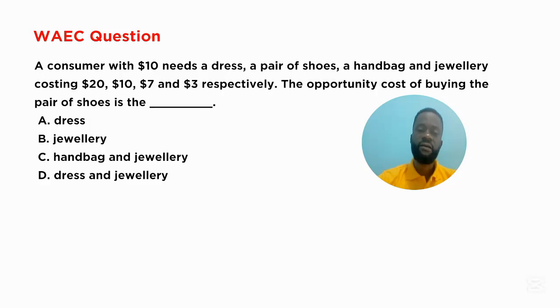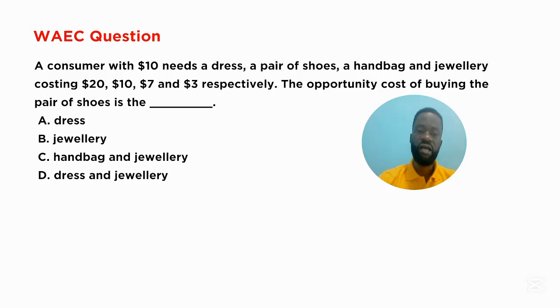Our next question. A consumer with $10 needs a dress, a pair of shoes, a handbag, and jewelry, costing $20, $10, $7, and $3 respectively. The opportunity cost of buying the pair of shoes is the dash. A. Dress. B. Jewelry.